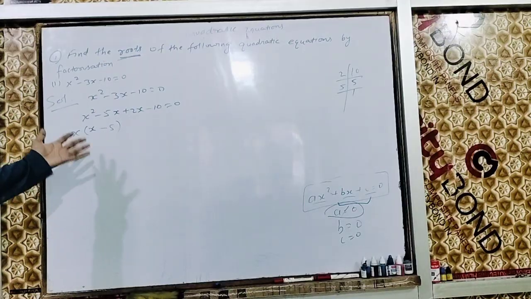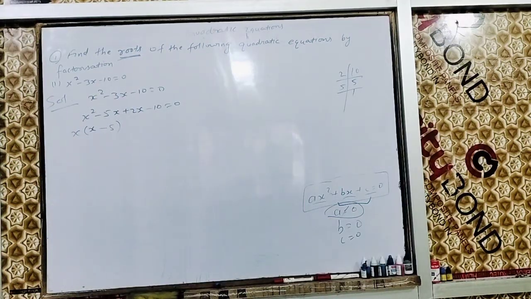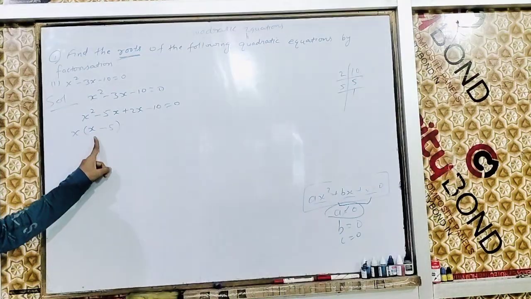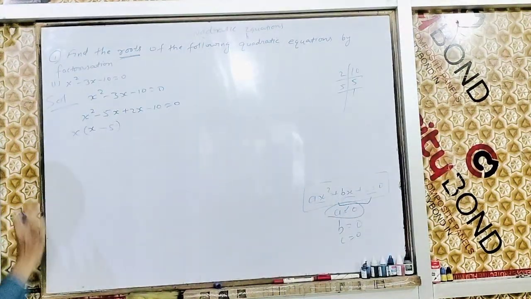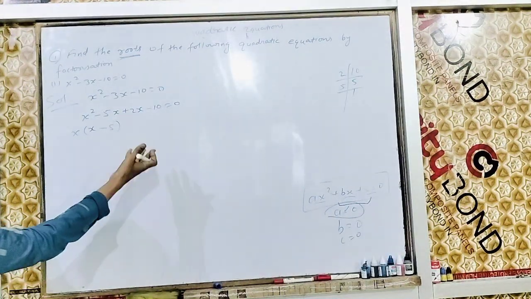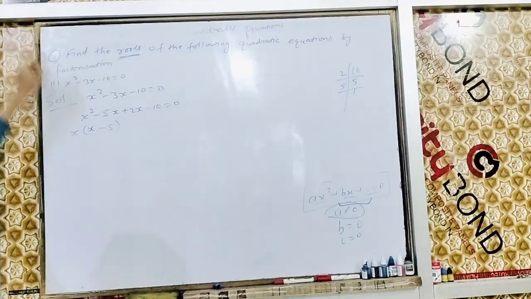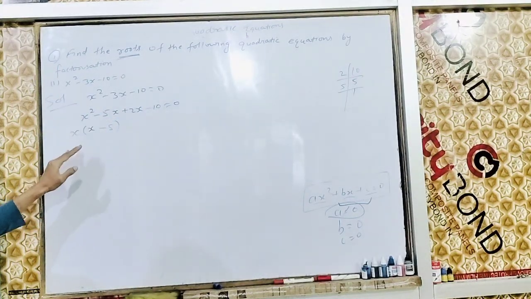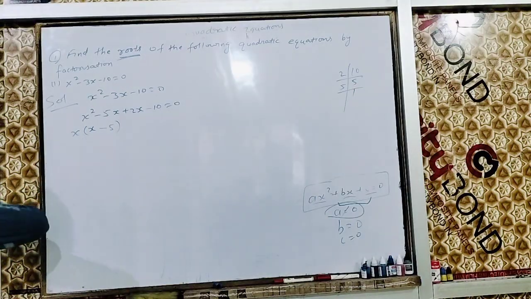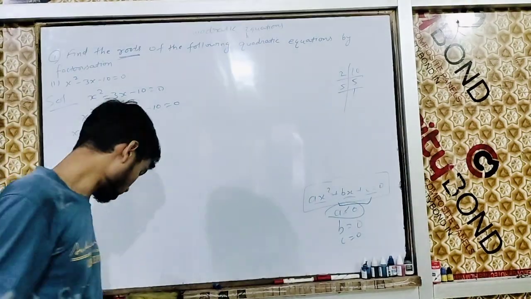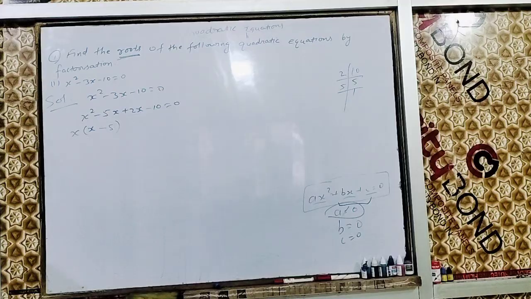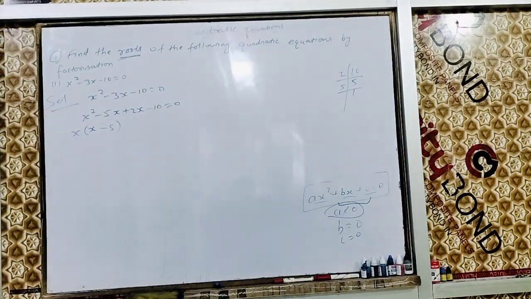Is this correct or not? Let's check it. If you multiply this by this, it will give you x square, because x multiplied by x will become x square. Now, minus as it is. When you multiply this x by 5, as you know, it will become 5x. And here you can see, this is 5x and minus as it is.